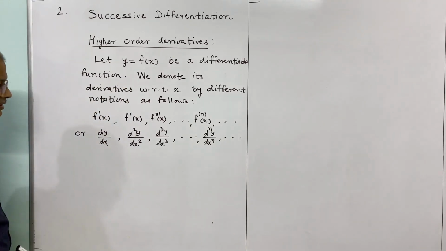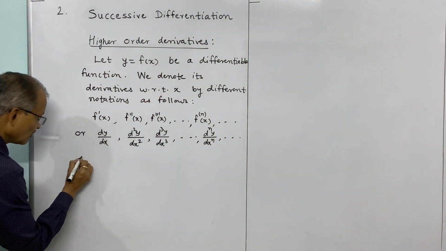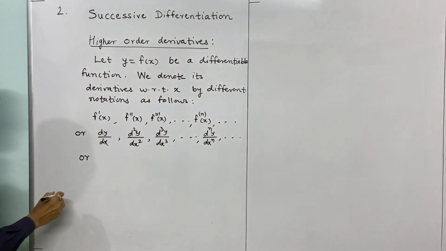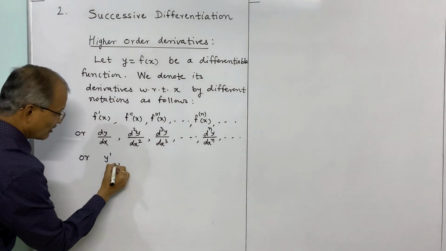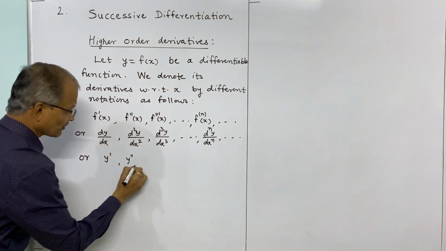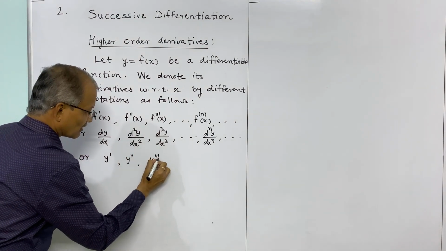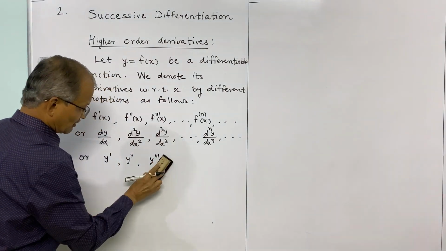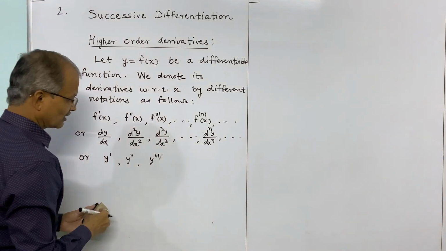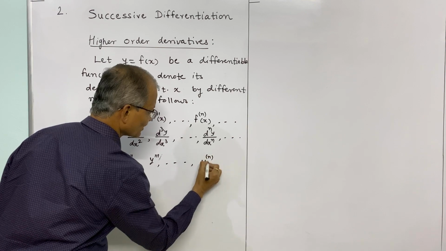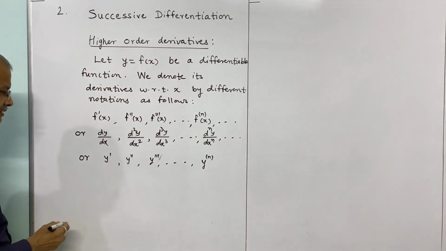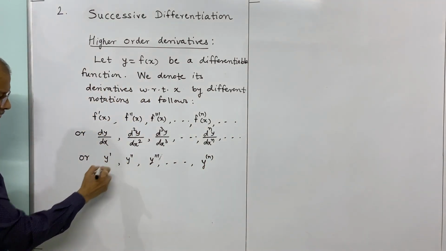This is another notation we know. Or we may denote it by y dash, derivative of y, y prime, y double prime, y triple prime of x and so on. But the nth derivative we write like this. We may write the function as x also, it is y dash of x, etc.